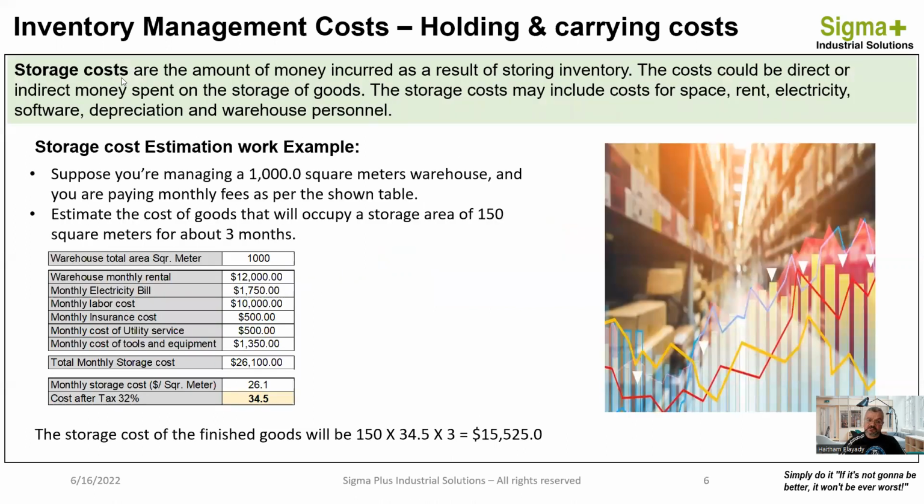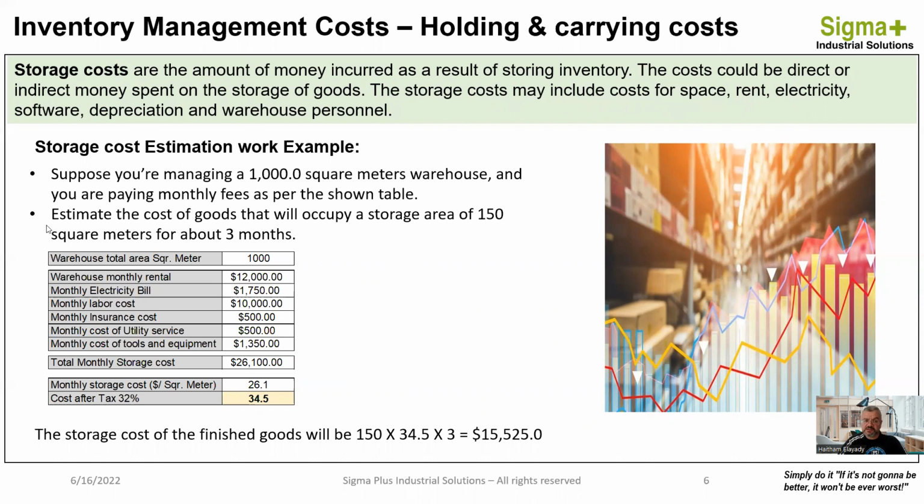Starting with the storage cost, it's the amount of money incurred as a result of storing the inventory. This cost could be direct or indirect money spent on the storage of the goods. The storage cost may include costs for space, rent, electricity, software, depreciation, and warehouse personnel.